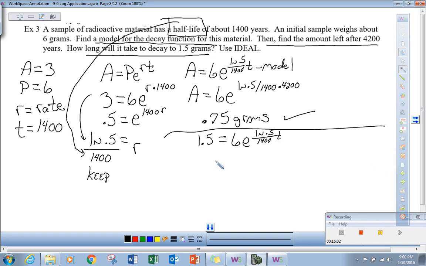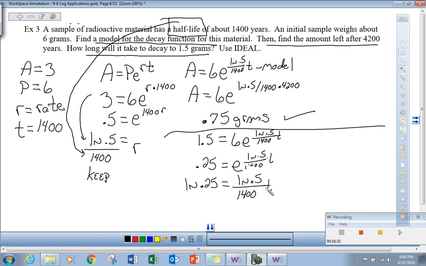Divide both sides by 6 and get 0.25 equal e to the natural log of 0.5 over 1400 times t. Boy, that's messy. Let's natural log both sides. So I've got the natural log of 0.25 equal the natural log of 0.5 over 1400 times t.